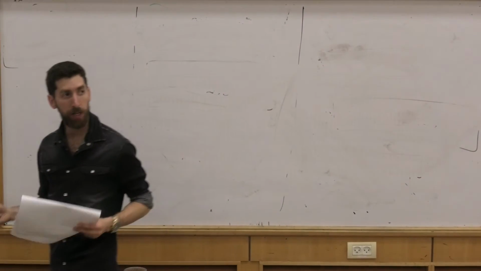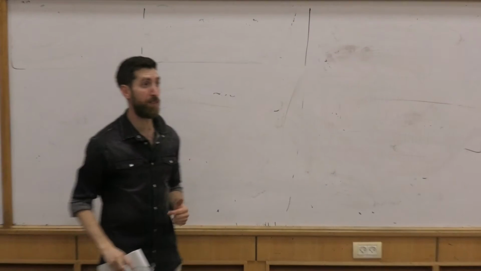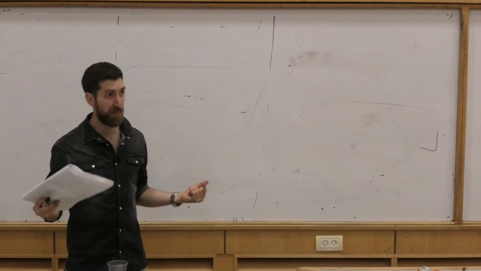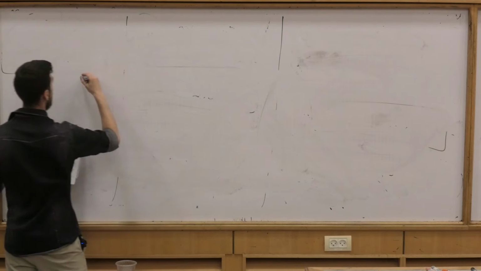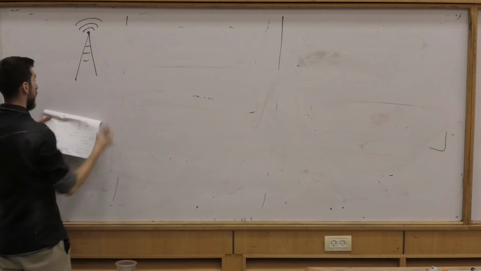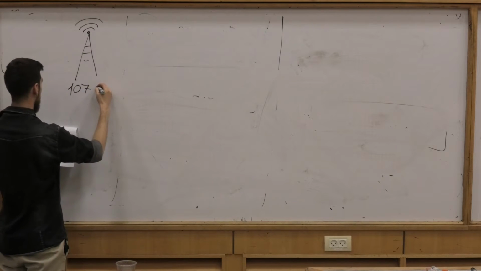Yes? So as we learn, we have many kinds of light waves that we cannot see. This room is full of Wi-Fi, full of many things, full of radio waves. So I want to check this example. You have here a radio station, and in Israel we love to hear 107 FM.